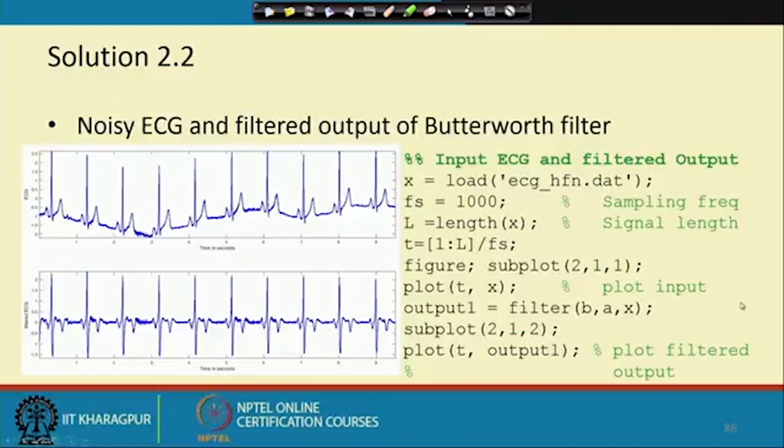And here we show the output on the left hand side, and what we get is that the baseline artifact that was there in the input signal is completely absent. The baseline has become completely horizontal. So, we are successful in removing the baseline. However, there is a change in the signal amplitude.